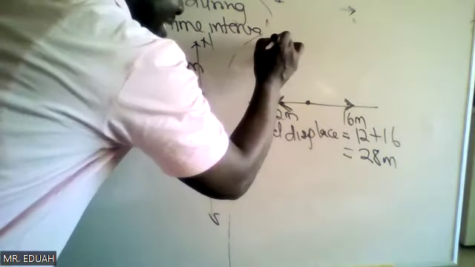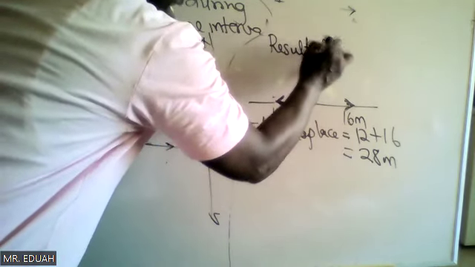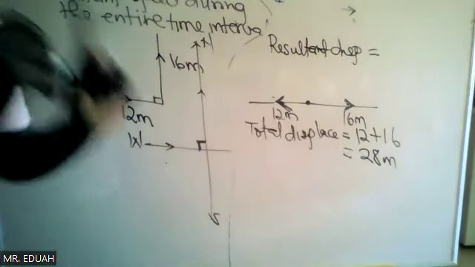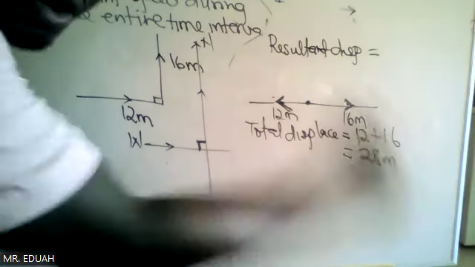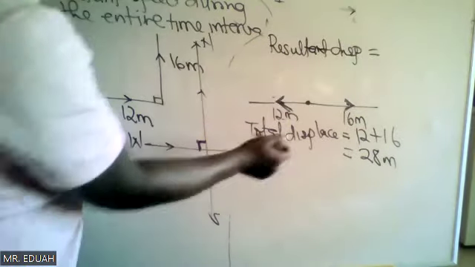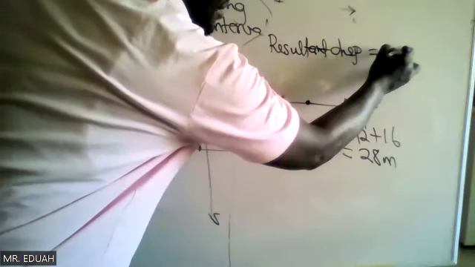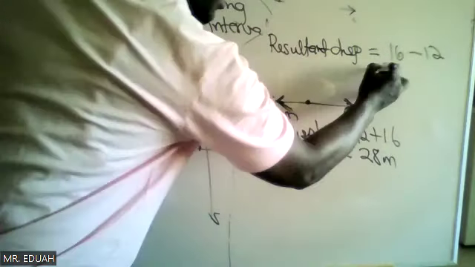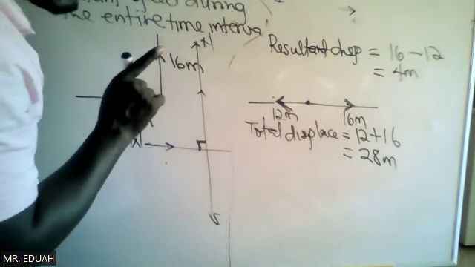Here, the resultant displacement would be equal to, we always subtract the lesser one from the larger one. So since 16 in this direction is greater than 12 in this direction, the resultant will be 16 minus 12, which is 4. So the resultant would act in the direction of the 16-meter one.